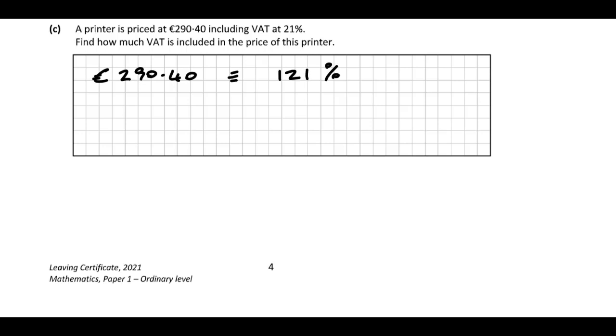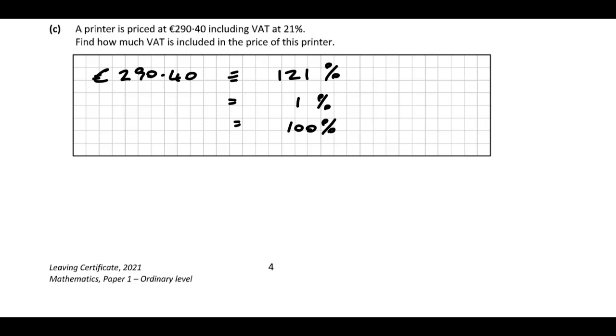So it includes the 100%, the original price, plus the 21%. So we want to find out how much it was before the VAT was added. So let's go to 1% and then up to 100%. That will give us the price before the VAT was added.